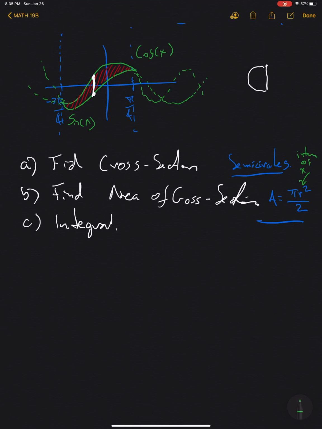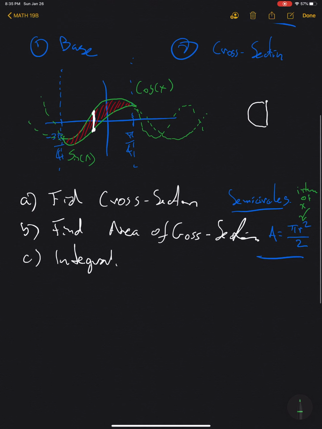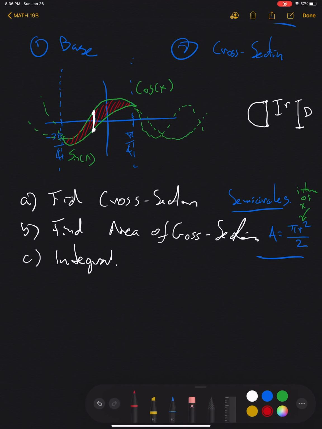In this case, the radius for the semicircle, that's the quantity that we're looking for, is going to be half of the diameter. And the diameter is just the length of the top part minus the bottom part. This is a trick that we've been using a couple times now.